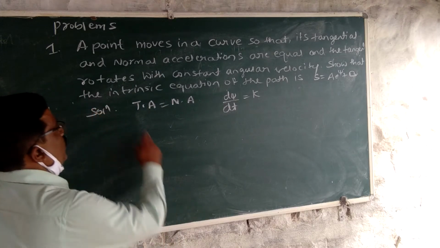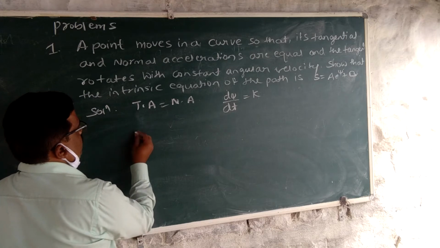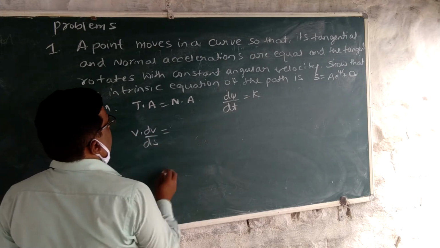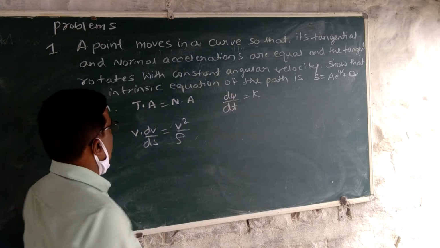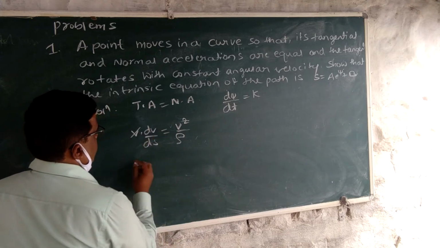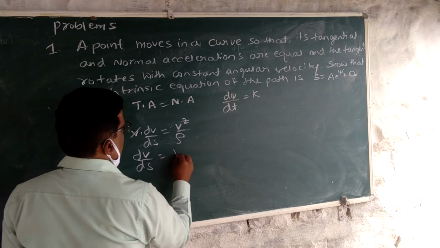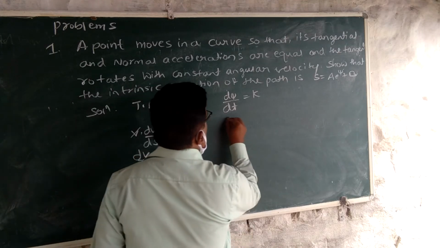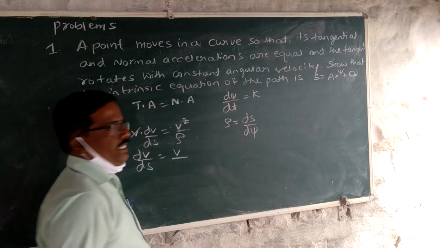Now what is tangential acceleration? It is given by the formula v into dv by ds. Normal acceleration is v square by rho. Here one v gets cancelled. So this can be written as dv by ds equal to v by rho, where rho is the radius of curvature, given by ds by d psi.